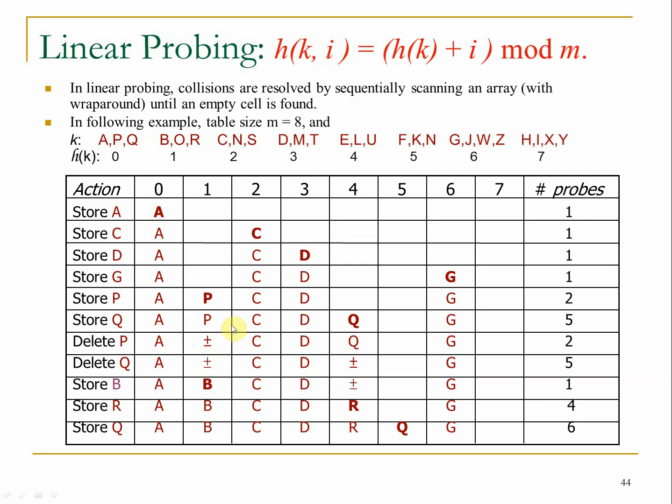Therefore, whenever you hit something in between the cluster, you will need to step one by one until you find the space outside of the cluster. That links to what I mentioned a little bit earlier, that instead of looking into the next available location, you can say I want to look 2 positions after. And many different changes can be made. That's why we have linear probing, quadratic probing, or even double hash functions.